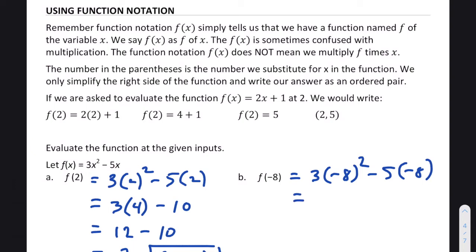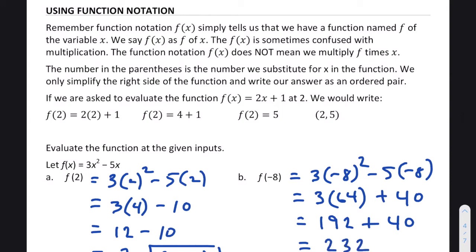So we have 3 times 64 minus 5 times negative 8. 5 times negative 8 is negative 40, and if we're subtracting negative 40, we're actually going to be adding 40. Then 3 times 64 is 192, so we have 192 plus 40, and 192 plus 40 is 232. So we got actually a pretty big output here, but that's okay. It's just another number. So we would write this as the point negative 8 comma 232.